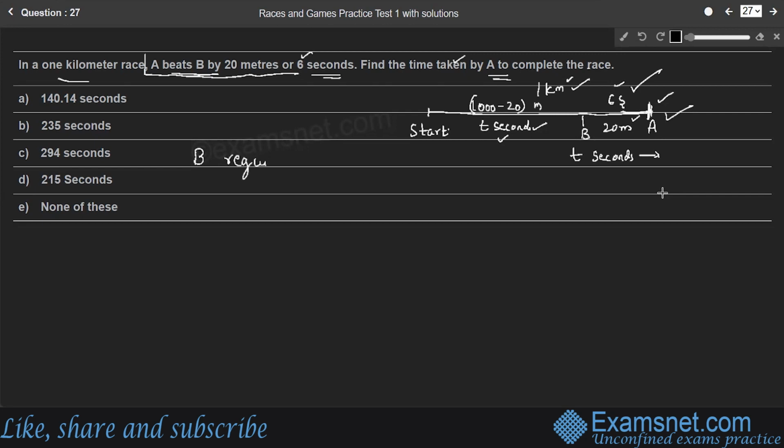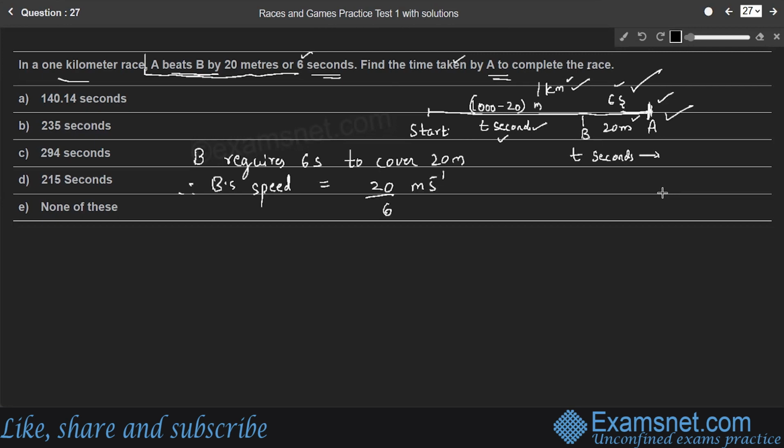Therefore, B requires 6 seconds to cover 20 meters. Therefore, B's speed is equal to distance by time, which is 20 by 6 meter per second.